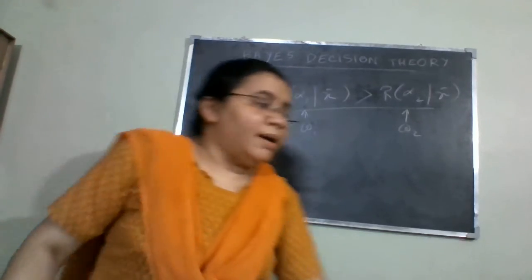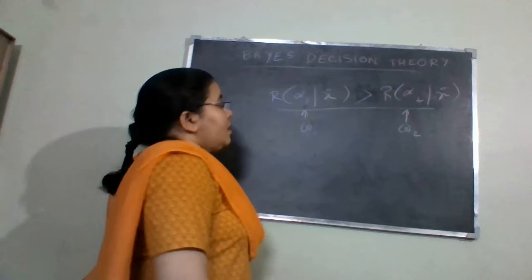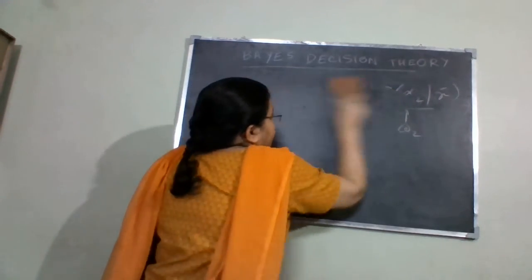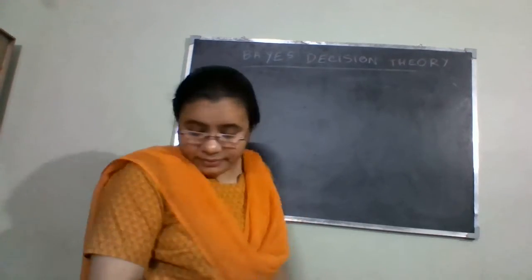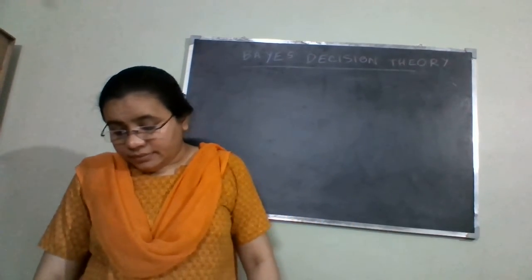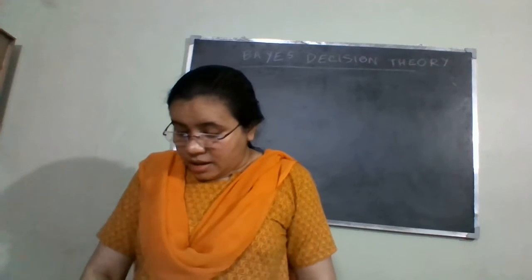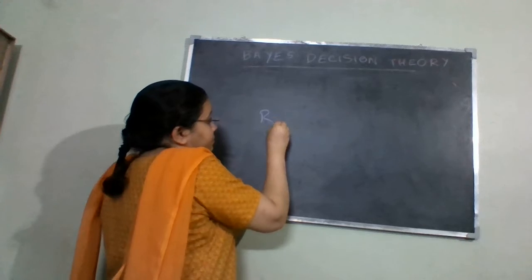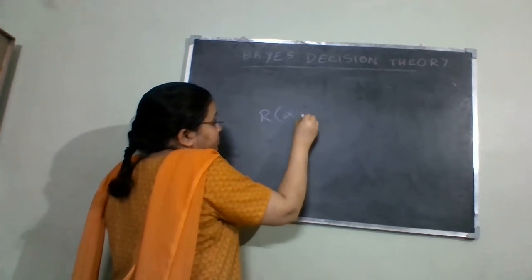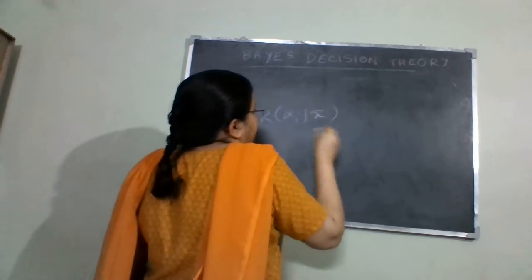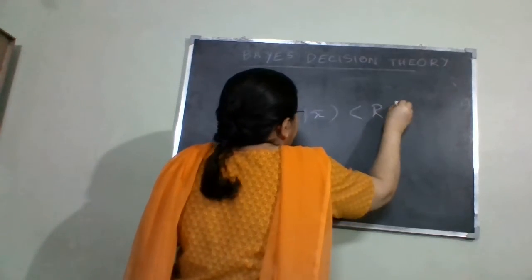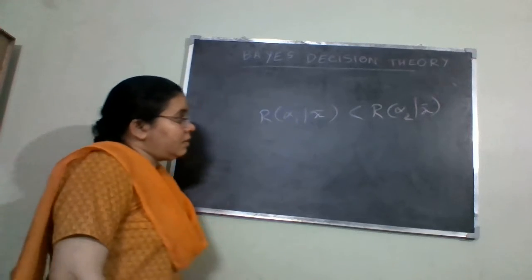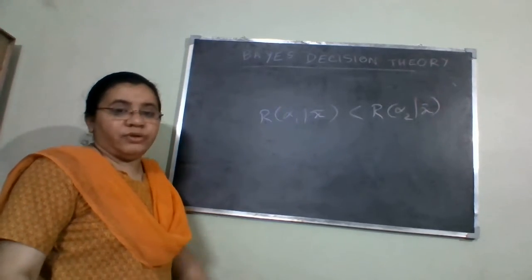Now keeping this in mind, if this portion is clear, we make a slight change. We write r alpha 1 x bar is less than r alpha 2 x bar. This was my first case, when I was taking the decision in favor of class omega 1.